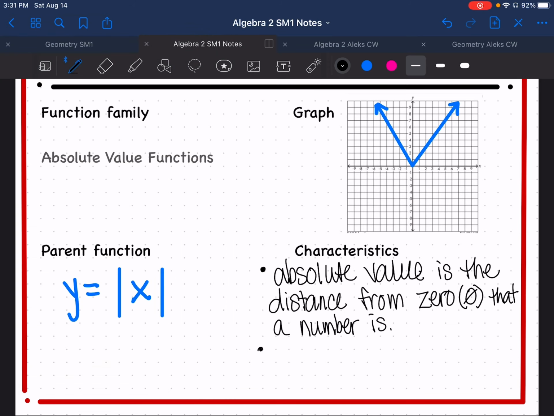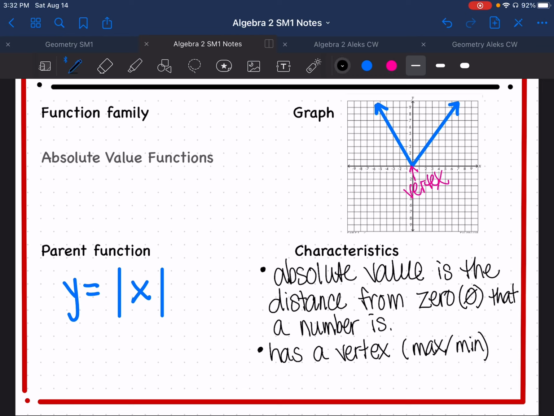The graph itself has a vertex. Once again, depending on the orientation, it can be a maximum or it can be a minimum. And you've probably already guessed, but this point right here would be considered my vertex, just like in the quadratic.